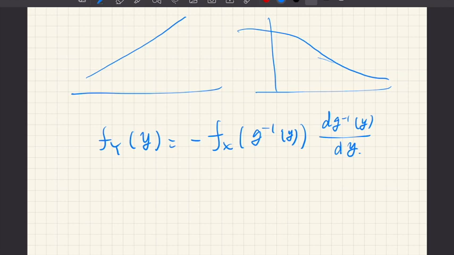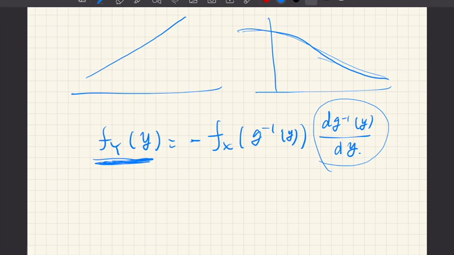But in this case, this will have negative values, because it's decreasing. So after all, with this negative sign, it will be positive. Okay, so we will never have negative values for a density function.